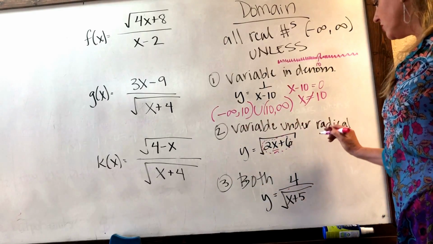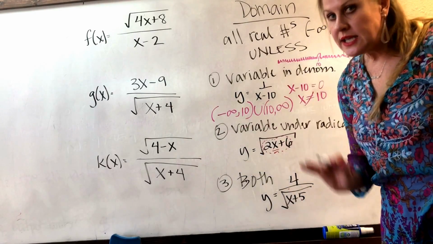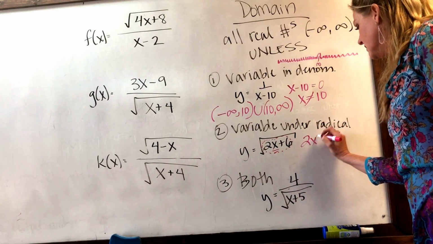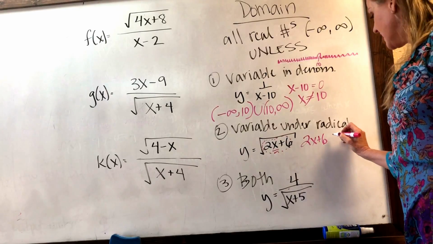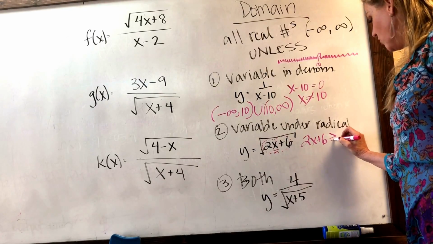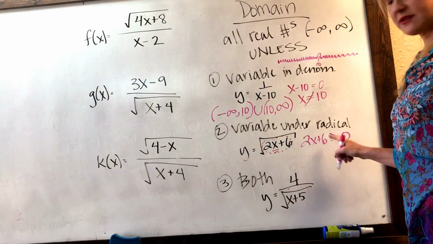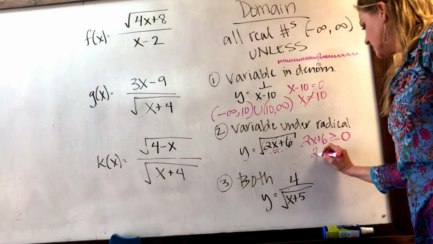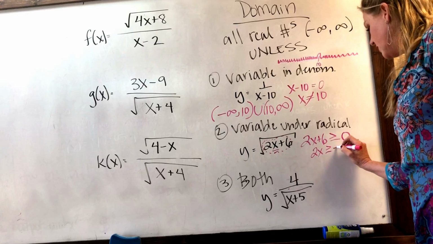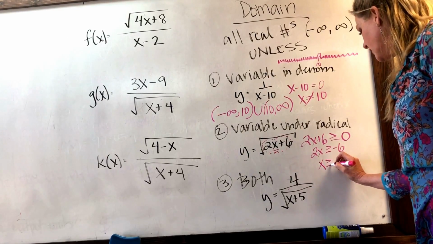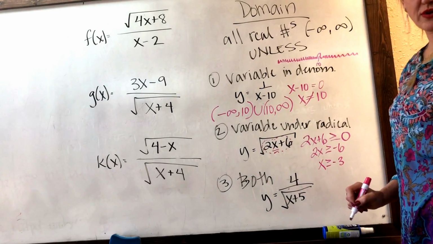So if you have a variable under a radical, not in a denominator, you take the radicand, you make it be greater than or equal to 0, and you solve for x. Subtract 6, 2x greater than or equal to -6, divide by 2, x greater than or equal to -3.